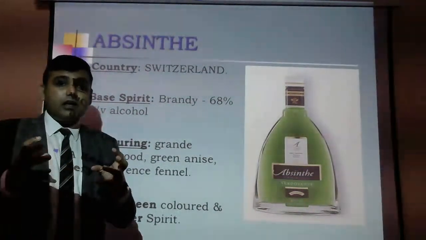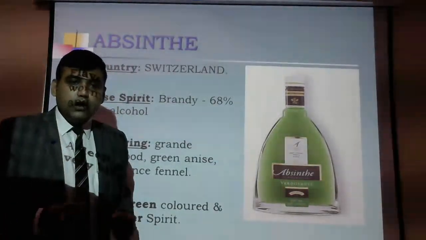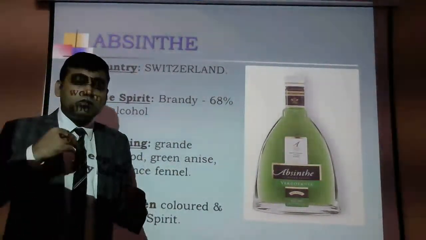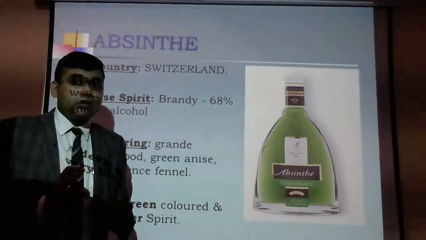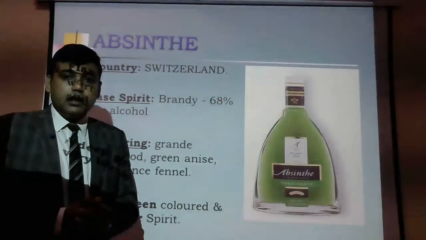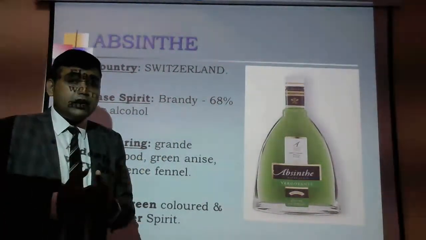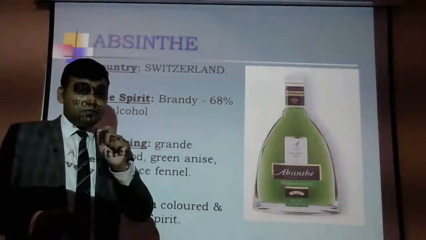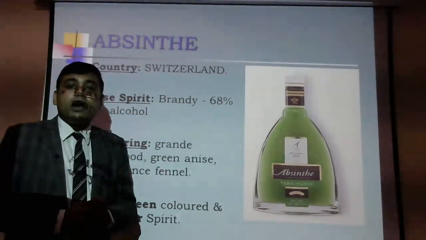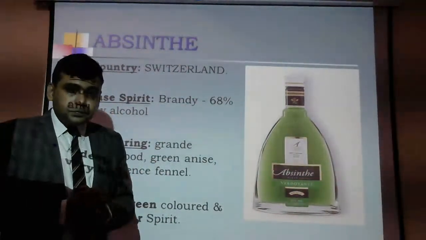Because of the wormwood, they produce a chemical called thujone, which gives you hallucination. Hallucination means people are in a different world after consuming this absinthe. We call it hallucination that happens with people when they drink this green fairy, as it is green in color because of the green anise and the fennel in it. So that is why it is called the green fairy.